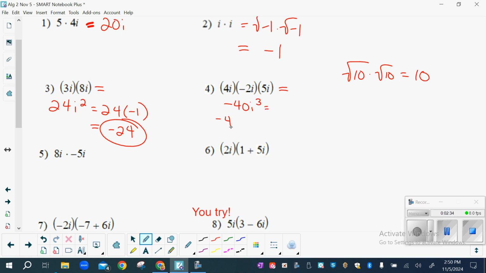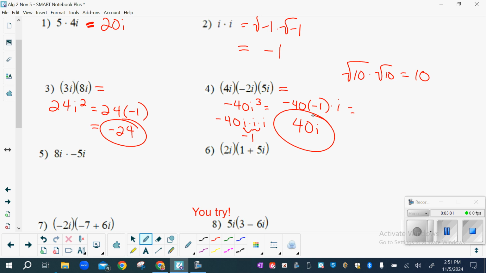So we've got i times i times i. We know that when we have i times i, what does that give us? Negative 1. So then this is going to be negative 40 times negative 1 times i. How does that simplify? 40i. Does that make sense?